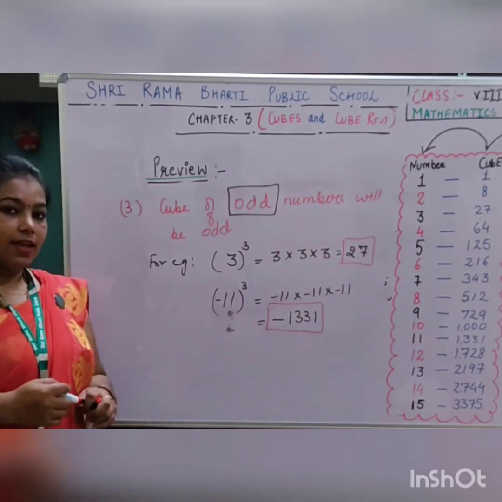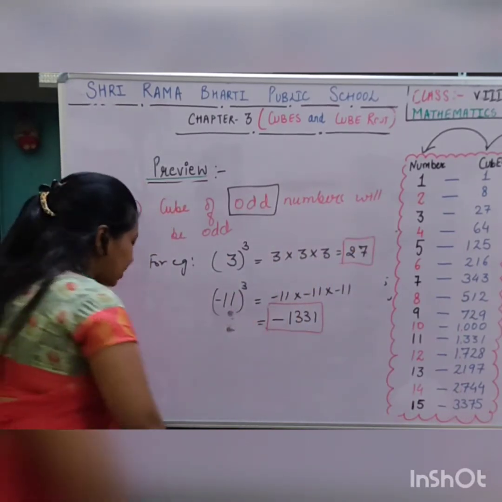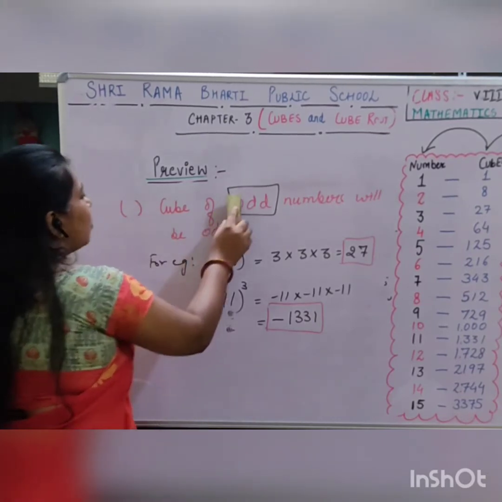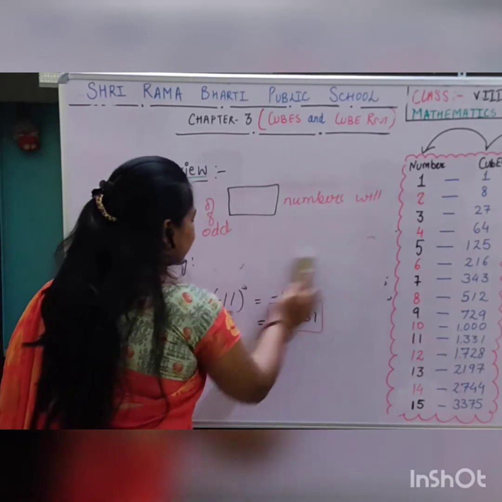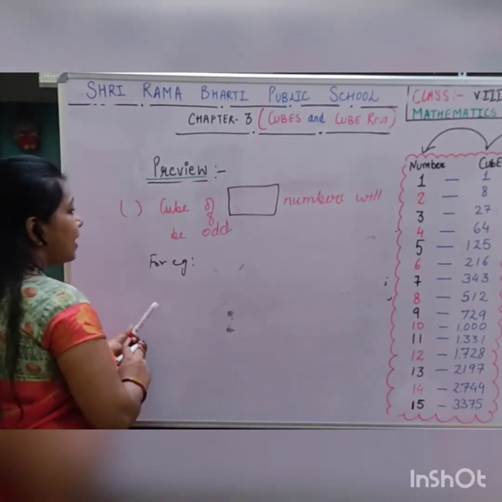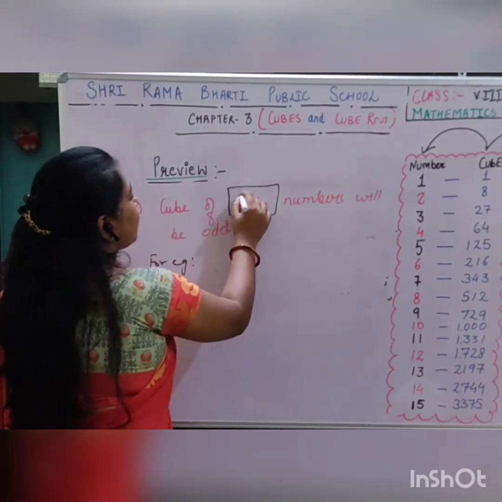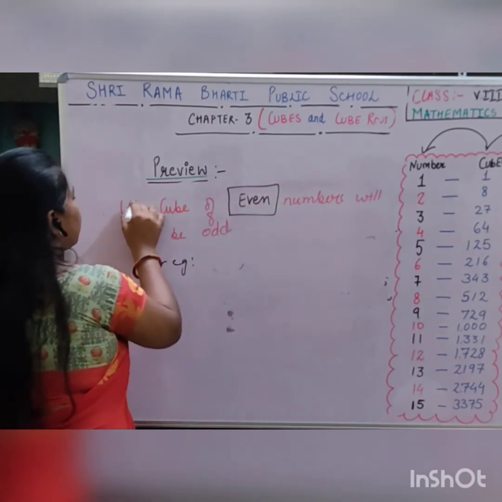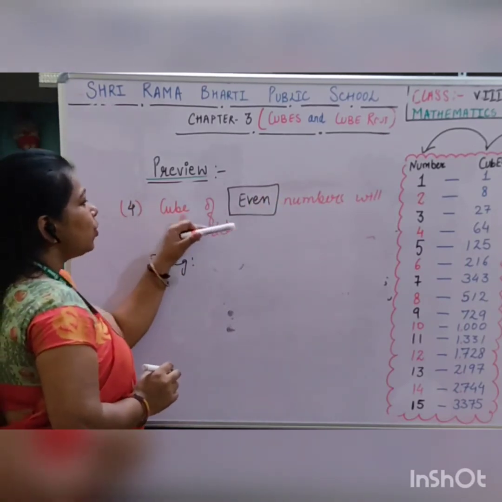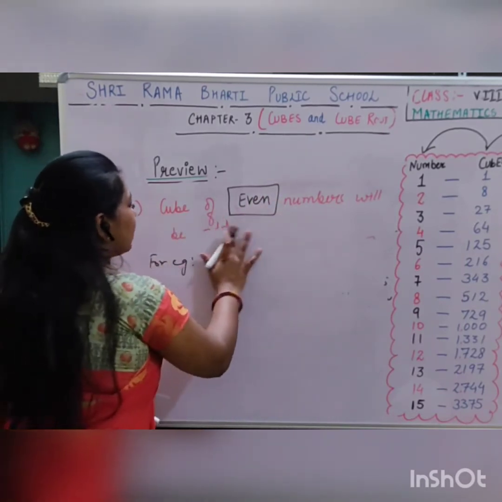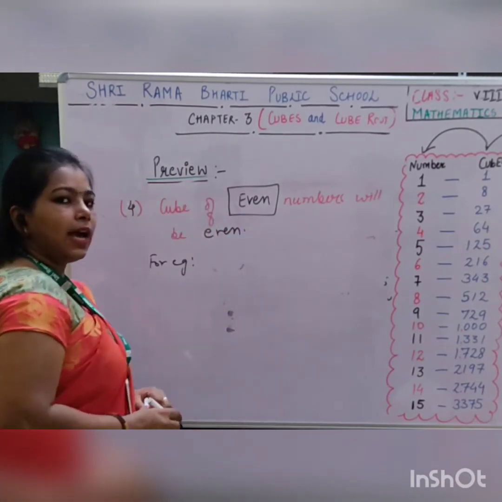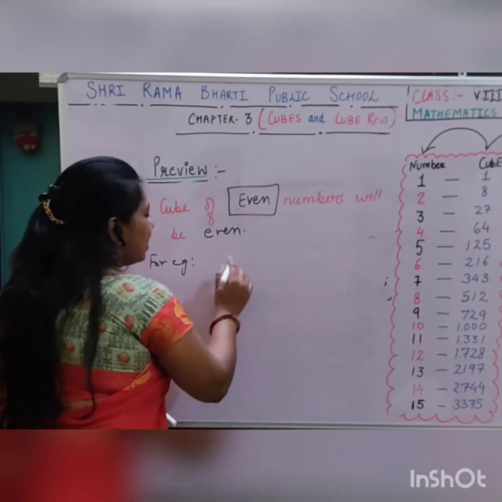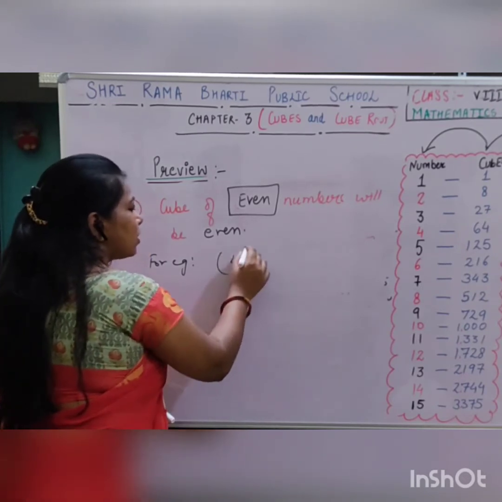Right? Now the next, property number 4, says that the cube of an even number will be only even. Again we will take an example. Let's take 4 cube.